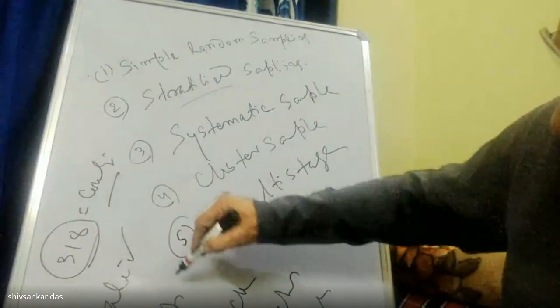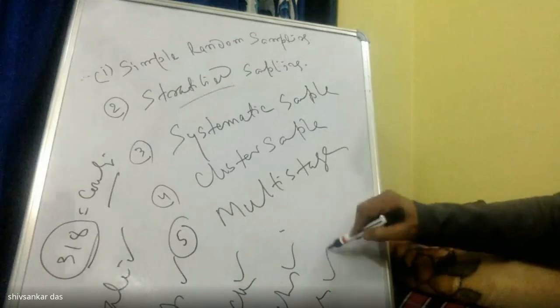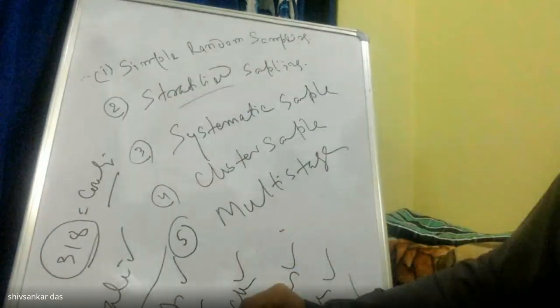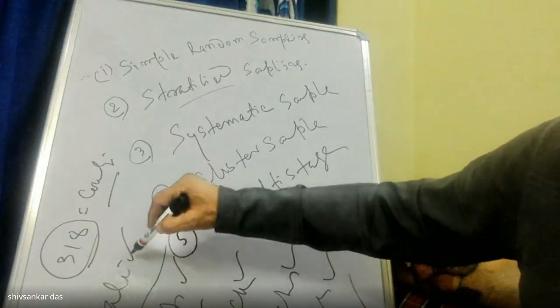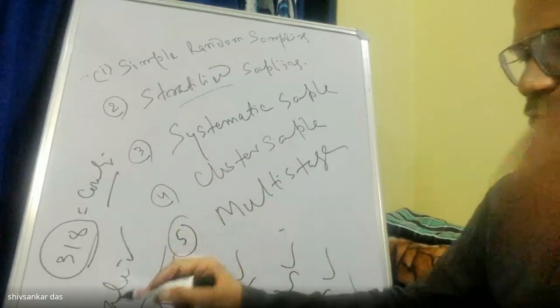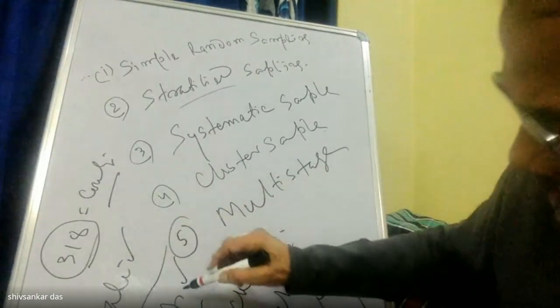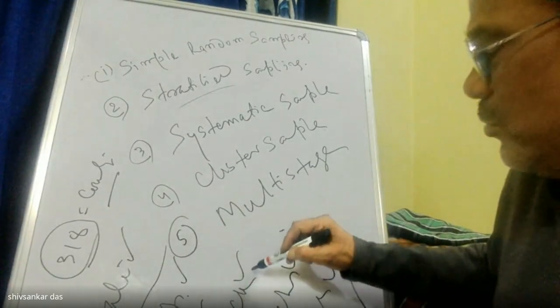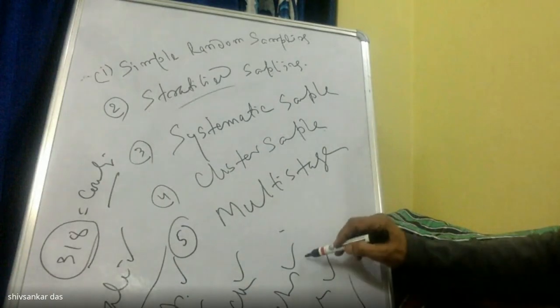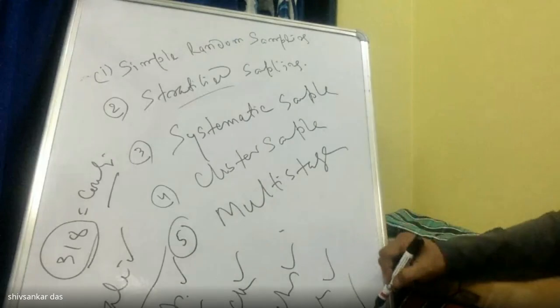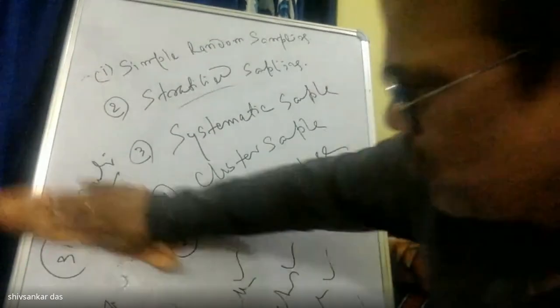So this is multi-stage. Out of the states, let us say Odisha is selected, then Khordha district, then Khordha block, then Baghamari panchayat, then a village and a household. So this is called multi-stage sampling.